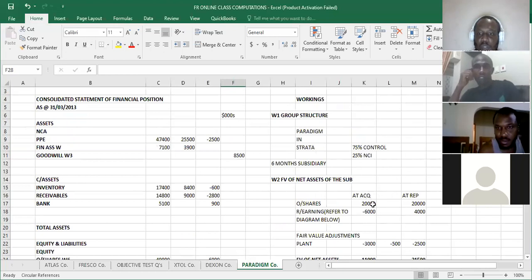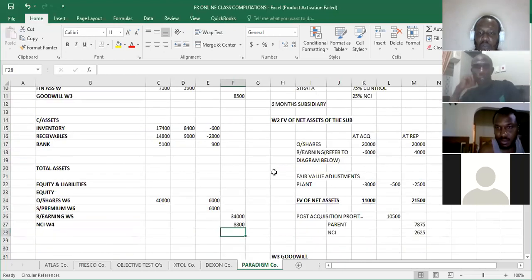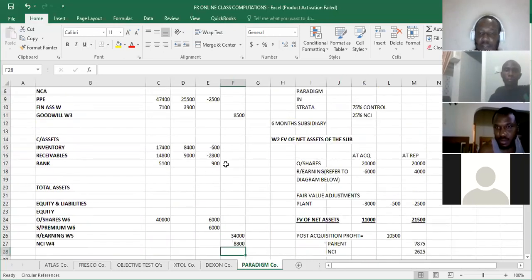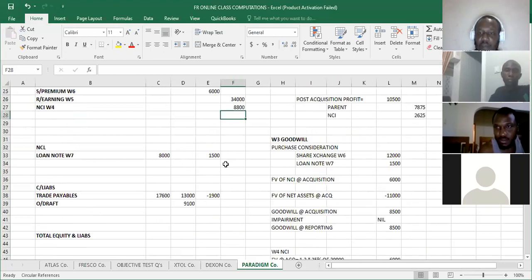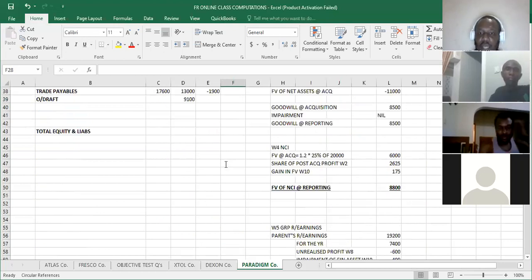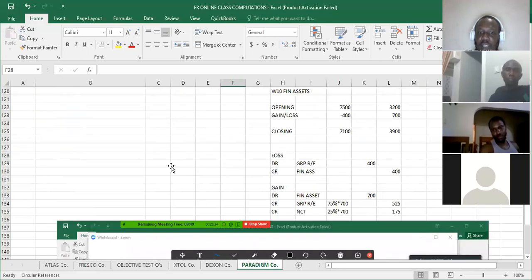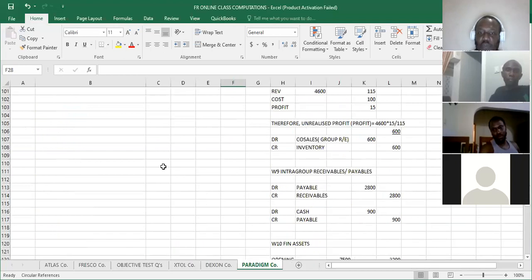We have done where the fair value of net assets should go. We also have our NCI there, group retained earnings there. The rest of them were workings that we threw in immediately we finished working. So we can come and close.